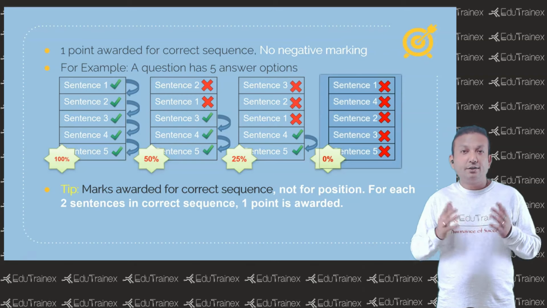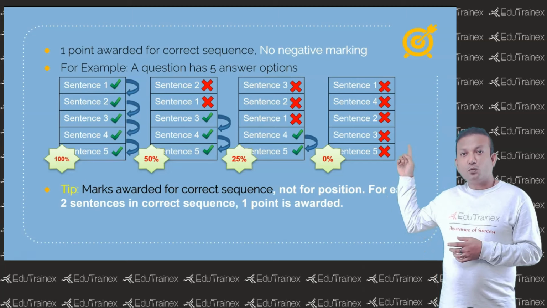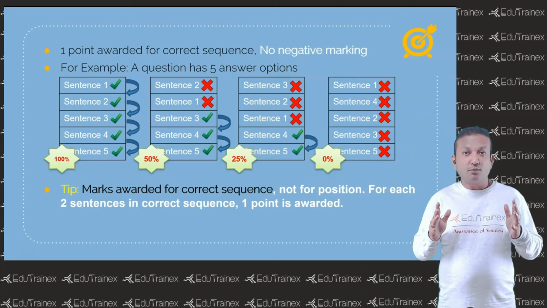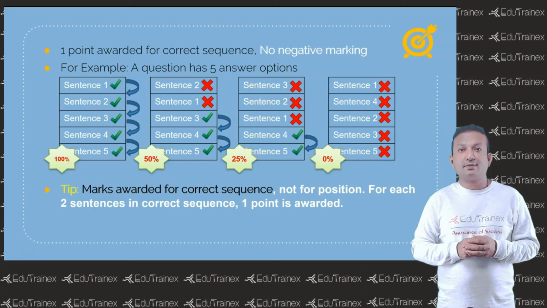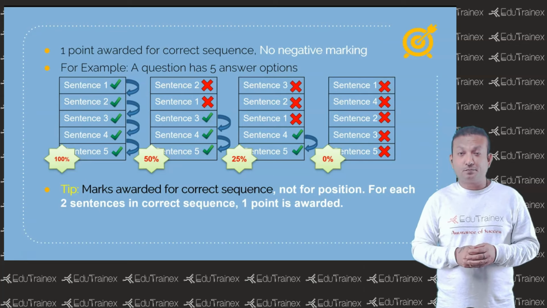And lastly, if you don't get any sequences right, you get 0 points. So look closely, you might think sentence 1 and sentence 5 are in the correct position, but you are not awarded marks for the correct positions, but for sequences. I hope these examples make things clearer to you now.